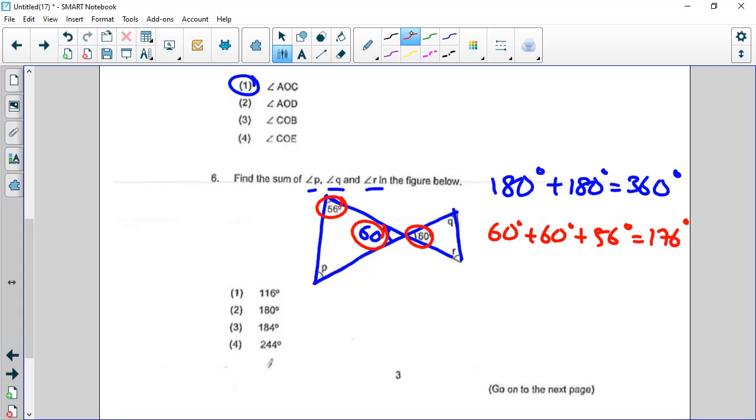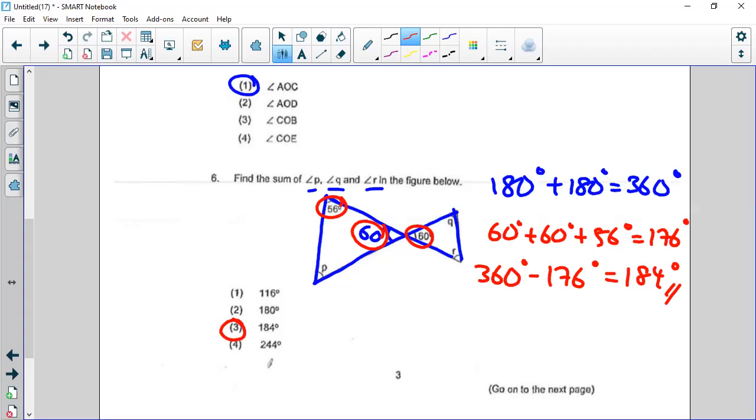Then all you have to do is take 360 degrees and minus 176, and you will get the sum of all the letters. So 360 minus 176, you will get 184 degrees, which is the sum of P, Q, and R. So the answer will be number 3, right? Number 3. Okay, are you clear? All right, Celine, understand?